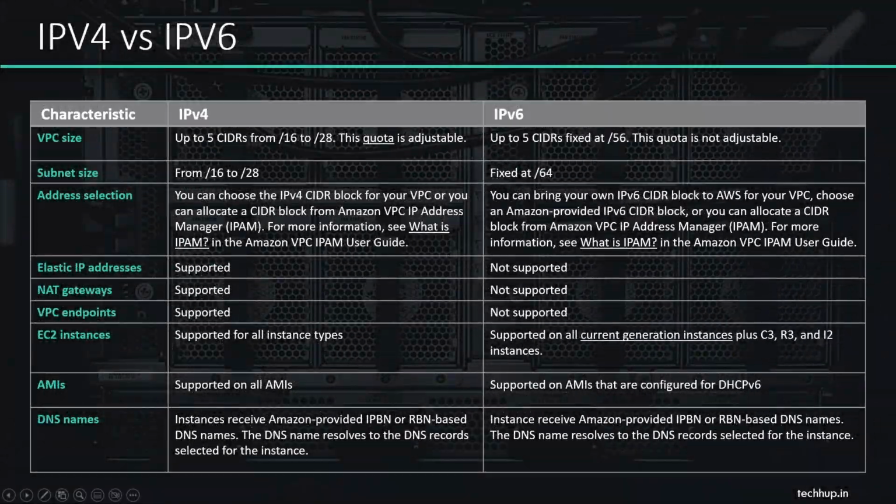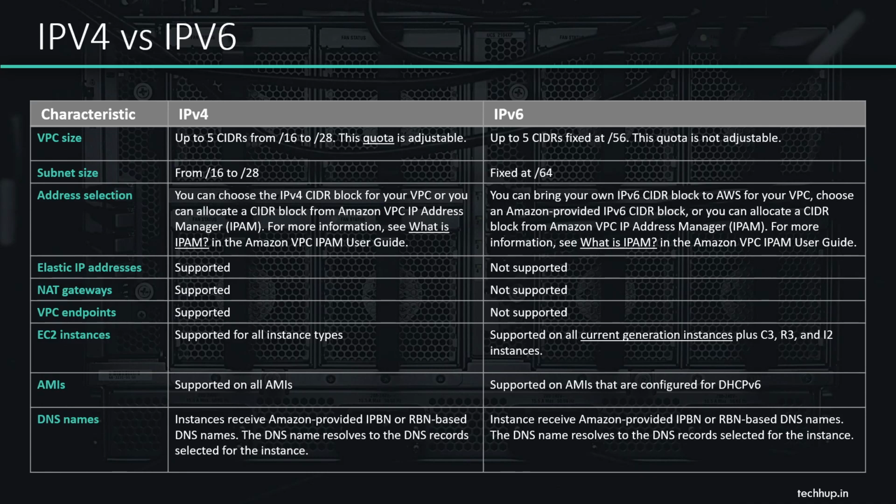So, as discussed for VPC and other associated networking components, we can use IPv4 and IPv6 with some exceptions which are enlisted in this table. Like, for example, the CIDR notation allowed for VPC is /16 to /28 for IPv4, whereas for IPv6, /56 is the only allowed slash notation.